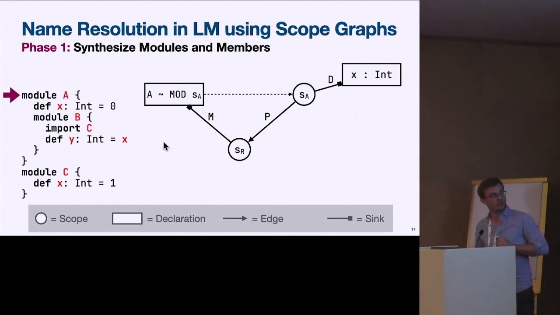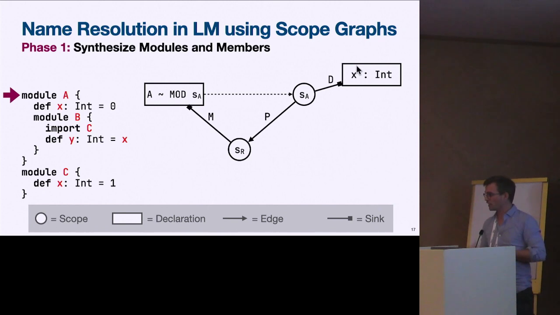This constructs this piece of scope graph over here, where circle nodes represent scopes. So here we have a root scope, which has a declaration for the A module over here. This declaration is associated with the scope of the module, so that whenever we resolve to something of type A, we know what is the scoping structure of A. So A in turn is also a scope, the scope SA.